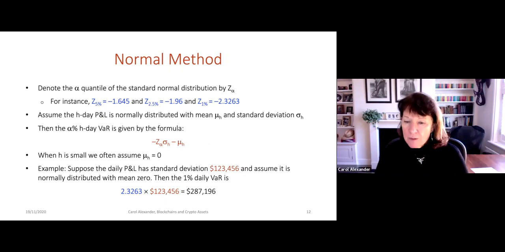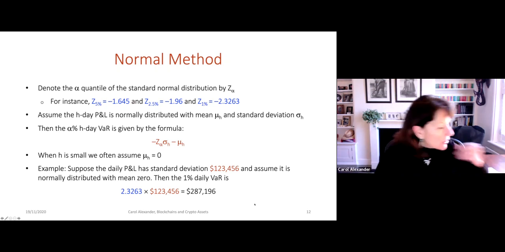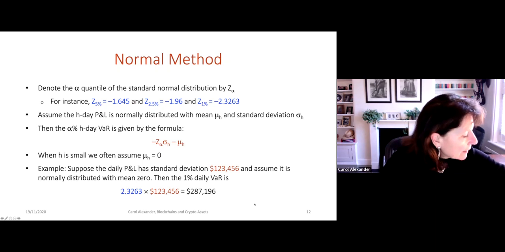Now, there are two methods I'm going to explain for measuring value at risk. And first of all, I'm going to take these critical values of the standard normal distribution that you'll be familiar with, like 1.96. So the lower quantile at 2.5% is minus 1.96. Let me just draw a normal distribution.